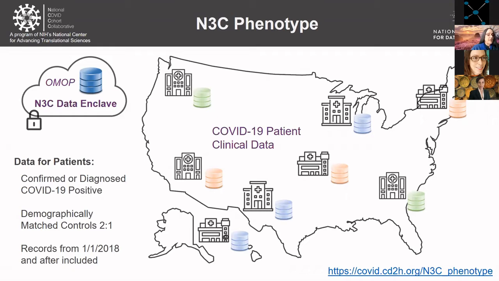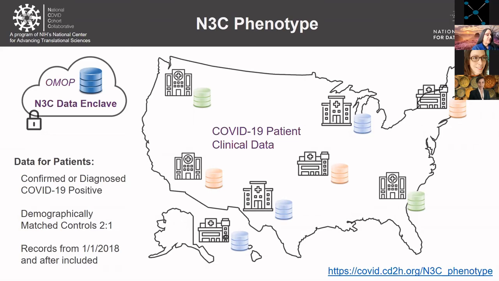To support comparative analyses, the phenotype and data extraction team is also collecting data for demographically matched control patients in a 2-to-1 ratio. Phenotype descriptions and scripts for sites to extract data, customized for each contributing common data model, are kept up to date and available on the N3C public GitHub repository.